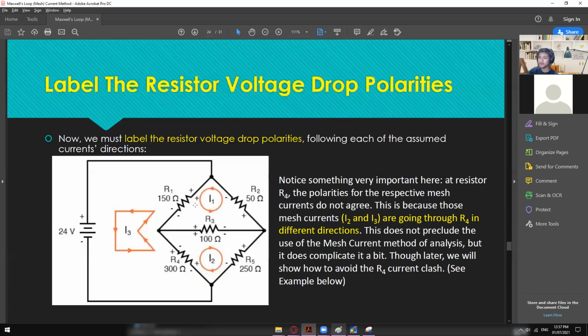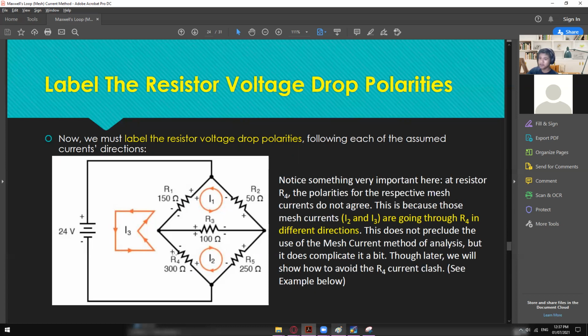So in here, what we did is just put the labels of the resistor voltage drop polarities. So we've come up with this polarity, positive, negative, positive, negative. So they have the same flow of current. And then right here we have positive, negative, positive, negative. So this one is also the same flow of current.